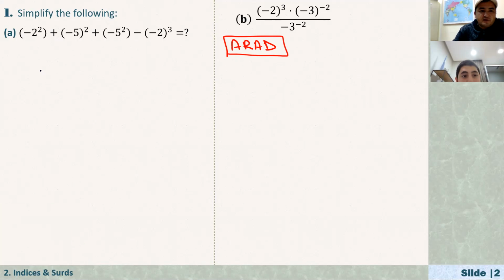So we have to simplify these questions. Arat, I'm sorry, I don't know why I'm pronouncing Ibrahim. Arat, tell me what is this, and let's simplify quickly. Okay, let's try to do this for speed, not for knowledge. What is it? Just tell me step by step. Minus 4 plus 25 and minus 25 plus 8.